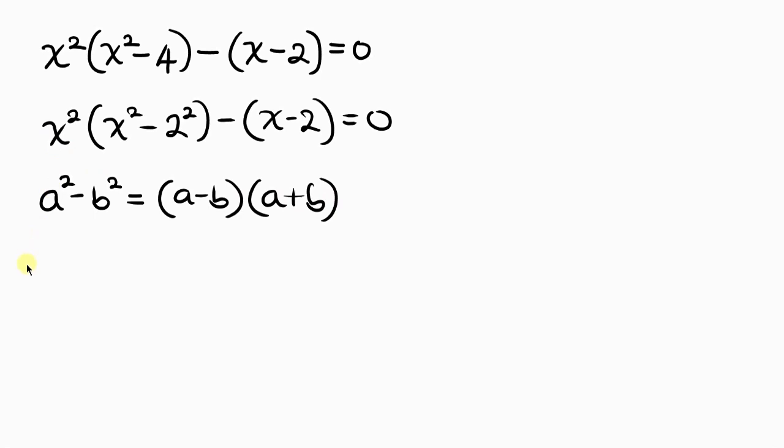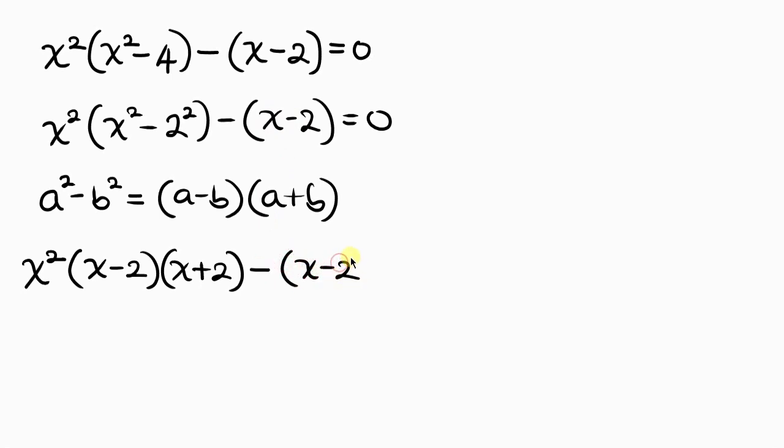So we have x squared times the difference of two squares, which is written as (x minus 2) times (x plus 2). Very good. Minus (x minus 2), equal to 0.